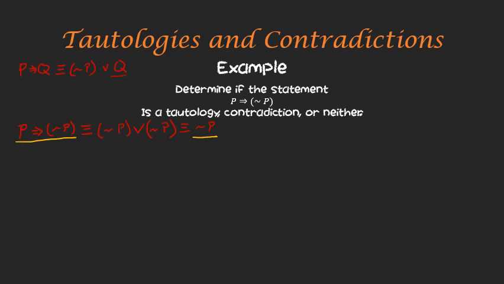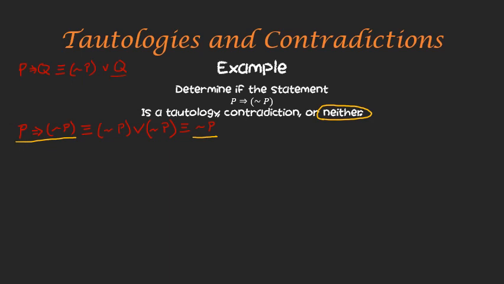Not P could be either true or false, depending on if P is true or false. And so P implies not P is not a tautology or a contradiction. So this one is neither. So while it might have appeared like a contradiction, it's actually neither.